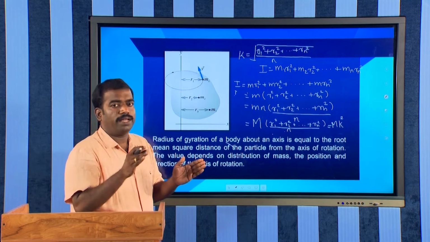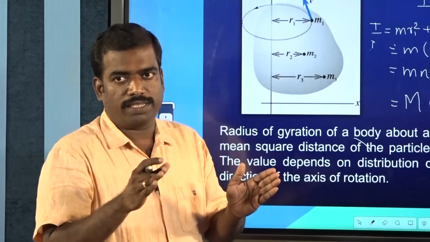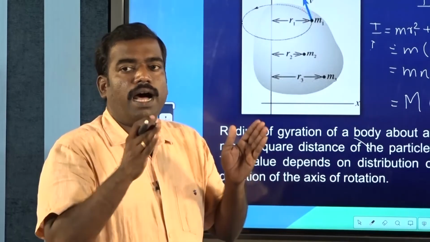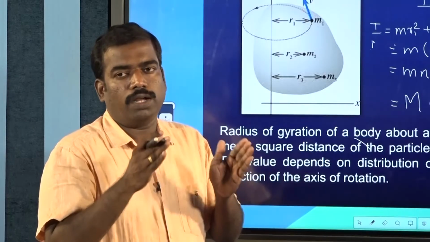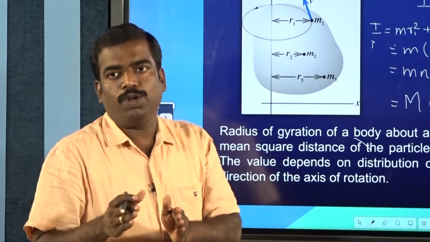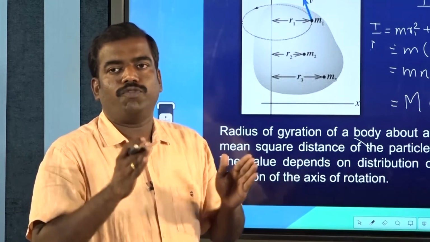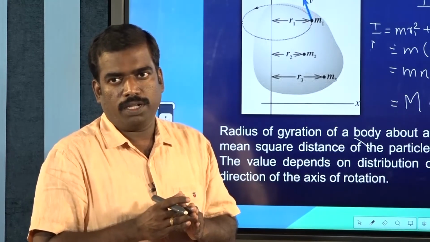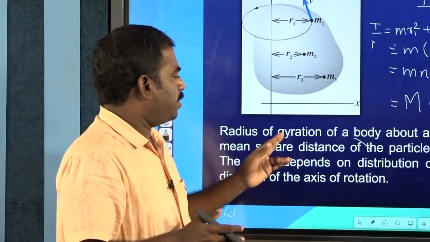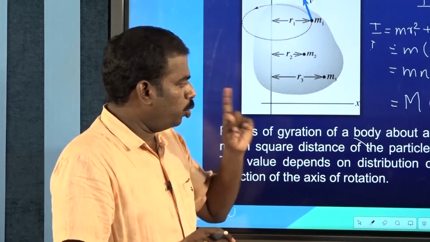So, the point is very important, the radius of gyration. Radius of gyration is nothing but the RMS, root mean square, value of the distance of the particle from the axis of rotation. So, you can define radius of gyration in two ways.